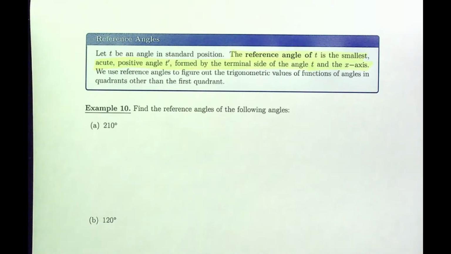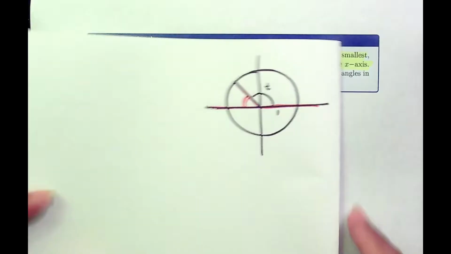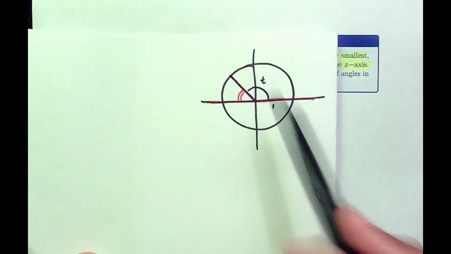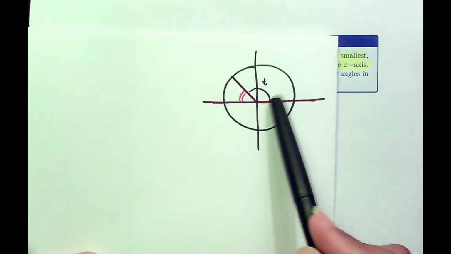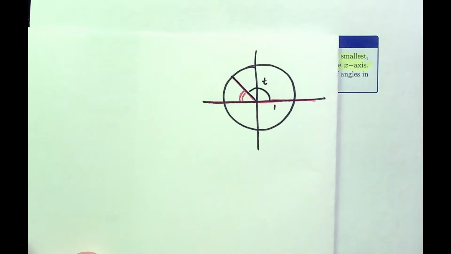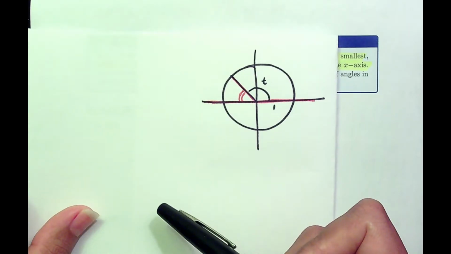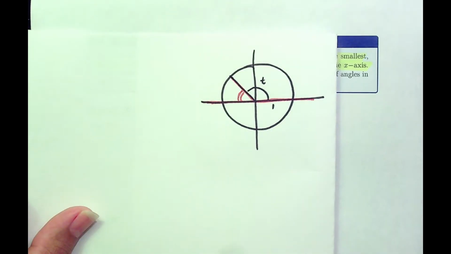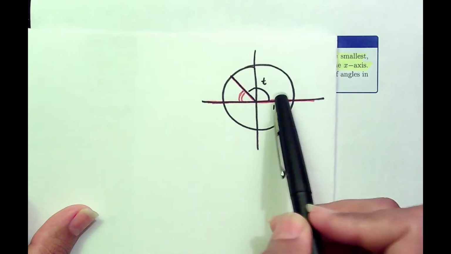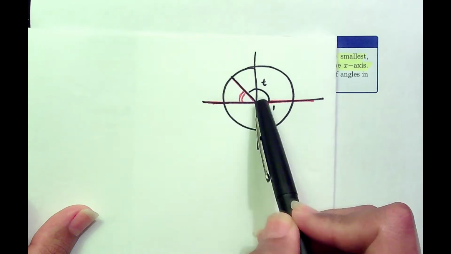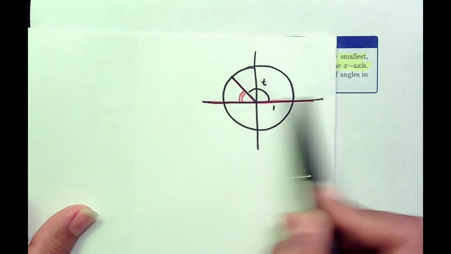So suppose I have an angle. Let's say my angle is in the second quadrant, which is this one. Okay, so that's my angle, T. Then the reference angle of T, which some people call T prime, is going to be the smallest angle formed by the terminal side, which is this, and the x-axis.